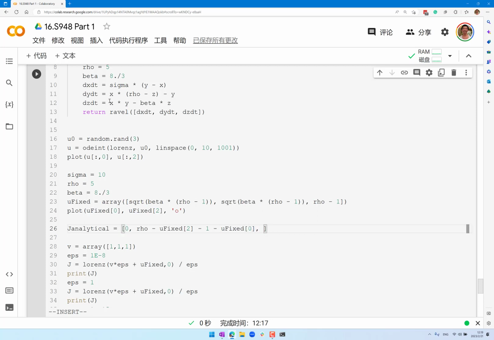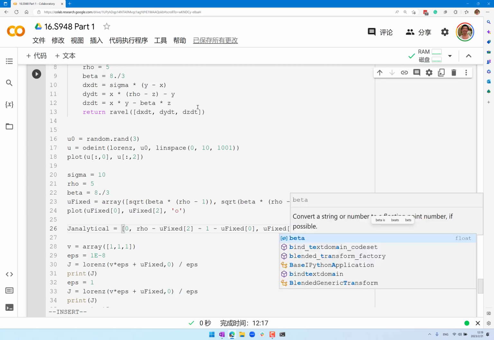Third component can be done the same way. When x is perturbed, the third equation gets perturbed by u fixed 1, which is y. When y is perturbed, this gets perturbed by x, so u fixed 0. And when z is perturbed, it gets perturbed by beta, right? So these are basically the derivatives of the 3 equations with respect to the 3 variables summed up.